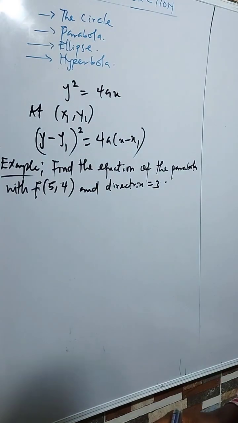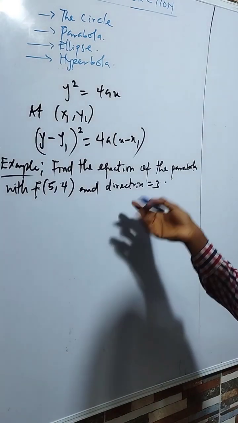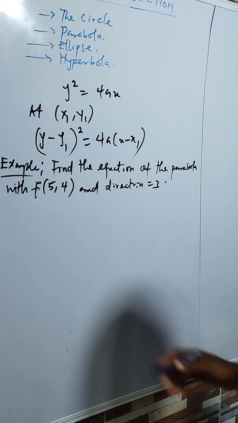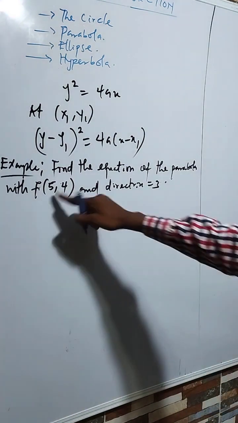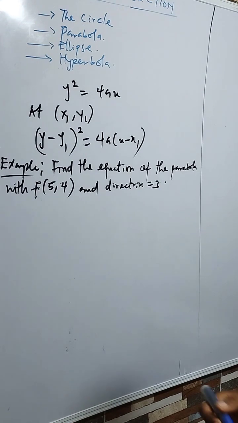Let's have the directrix as 3 here. So definitely the directrix is actually x equals 3. So we are saying: find the equation of the parabola with focus (5,4) and directrix x equals 3.